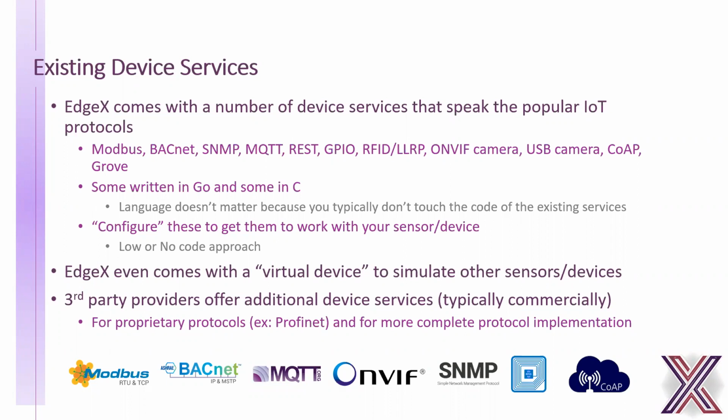So third parties can take on this role of providing these kinds of connectors to those kinds of protocols out there that either need some sort of licensing and or are in need of a little bit more of a complete protocol implementation than one that is provided by the open source group. So again, the icons you see at the bottom of the screen are just a representation of some of the device services that EdgeX already provides, but there are places to go and find additional device services should you need, or again, as we're going to cover here today, creating your own with the device service SDKs.